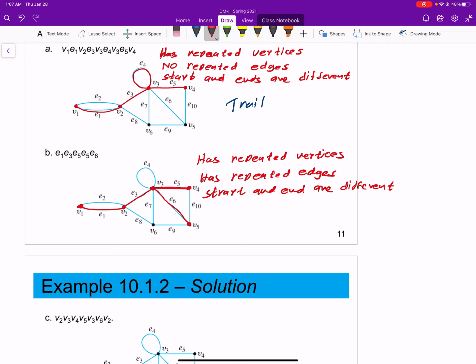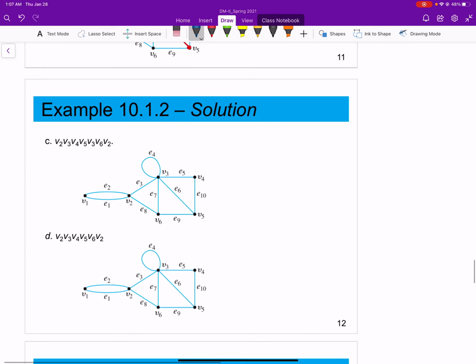Okay, so this is a walk. This is not a trail. This is not a path. This is a walk actually. Okay, so go to the next case.